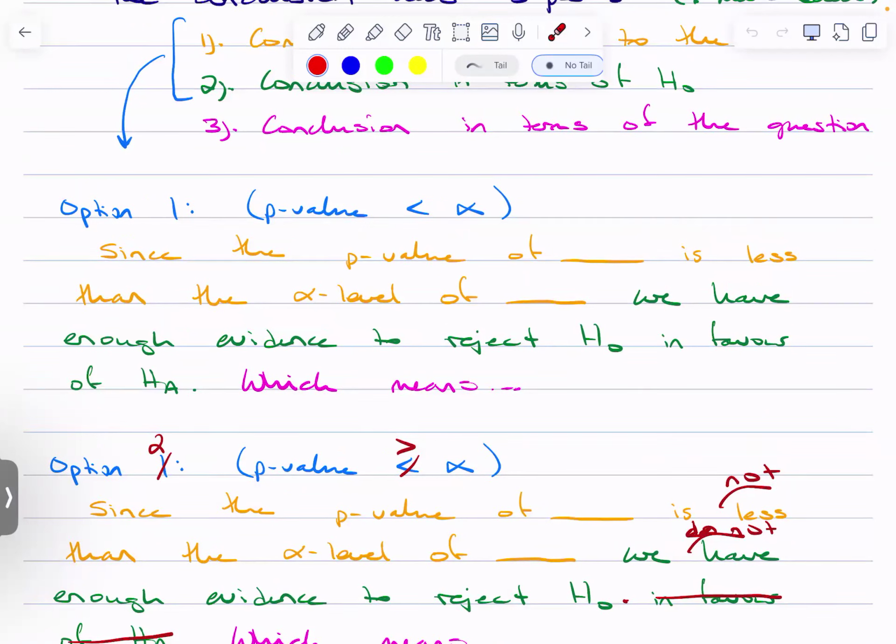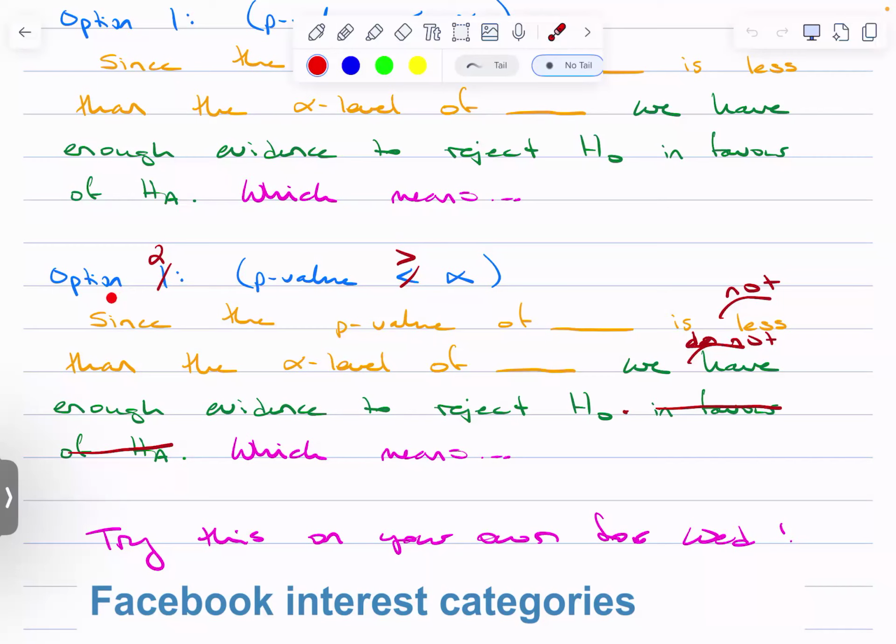To emphasize, the only change is between if the p-value is less than alpha to if the p-value is not less than alpha, or greater than alpha, right? I just took this option 1 and I edited it. Option 2, p-value is now greater than alpha.